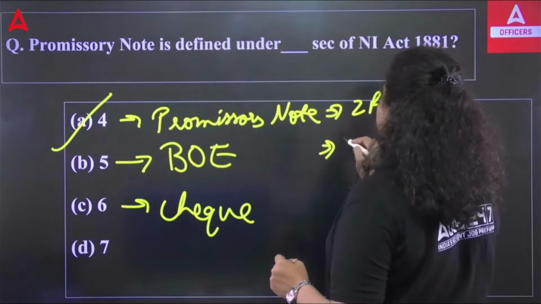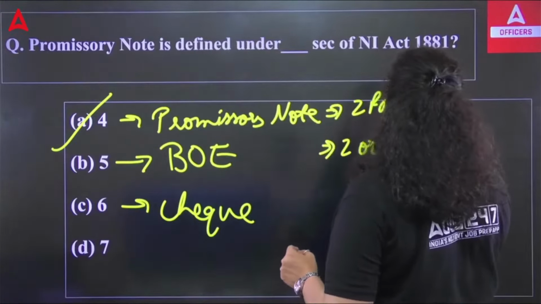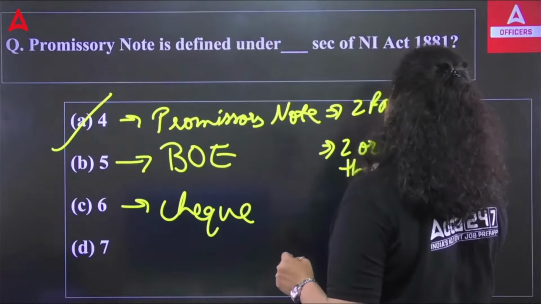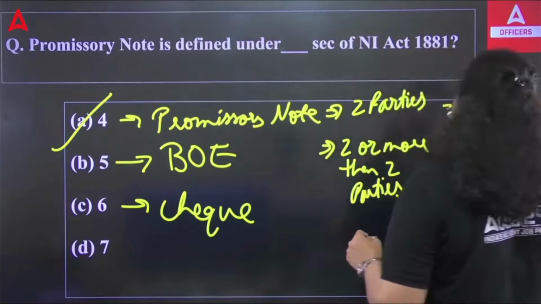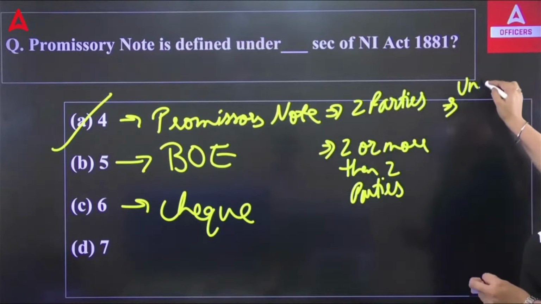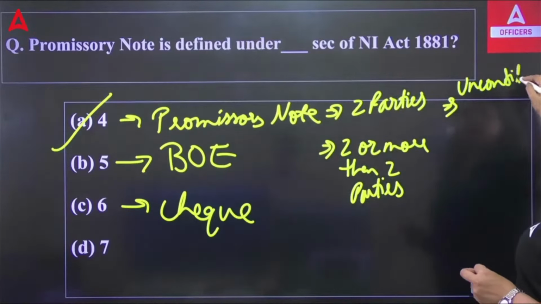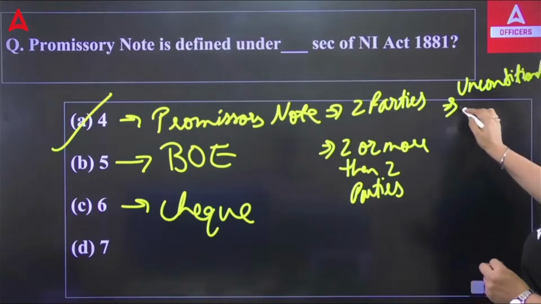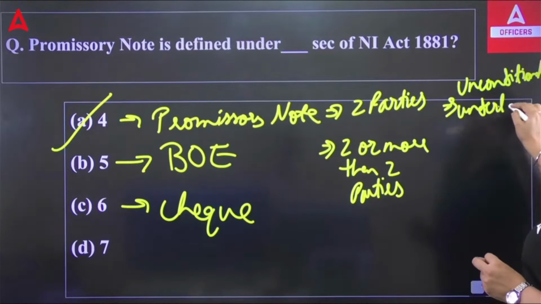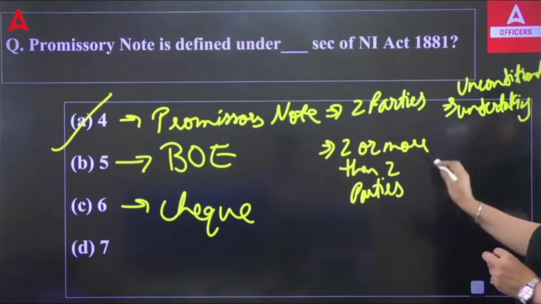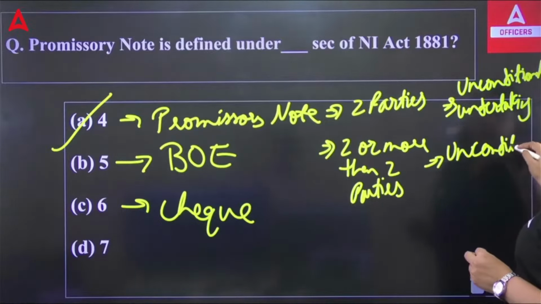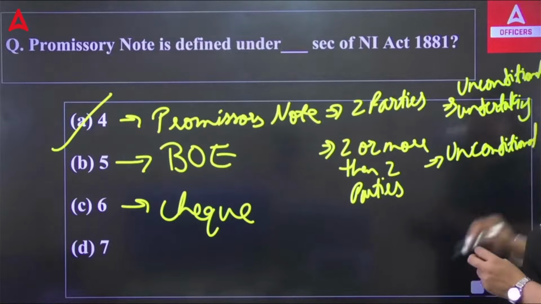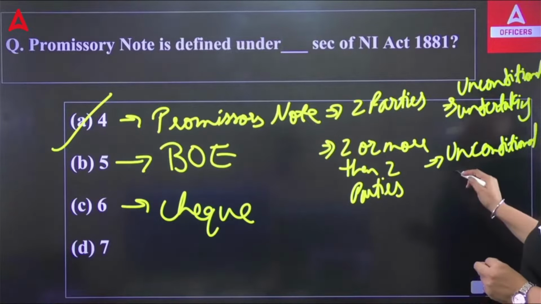In bill of exchange, two or more than two will be included. The next difference is that in the promissory note, there is an unconditional undertaking. Unconditional undertaking. And in case of bill of exchange, it will be unconditional order.